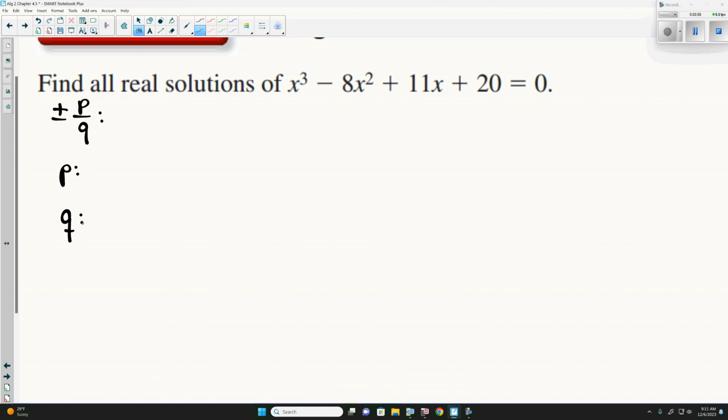Now our constant term in this equation is the term without x. So factors of 20, well, the first ones would be 1 and 20. So we'd have 2 and 10, 4 and 5. So we're just listing out all the numbers that multiply together to give us 20. Questions on this so far?